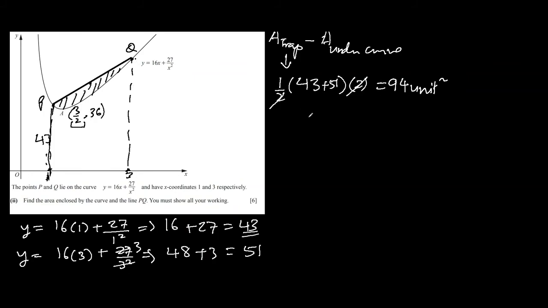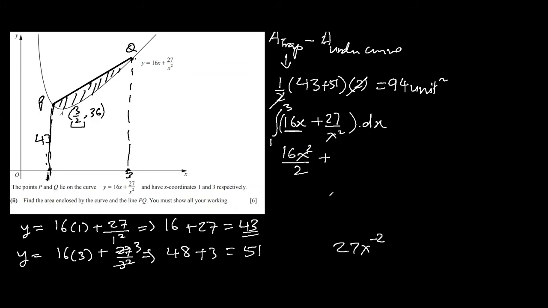Now we have to find the area under the curve, and for finding the area under the curve, we integrate from 1 to 3. That is the definite integral, and it will be 16x plus 27 over x square. The integration of 16x will be 16x square over 2 plus, 27x to the power minus 2.